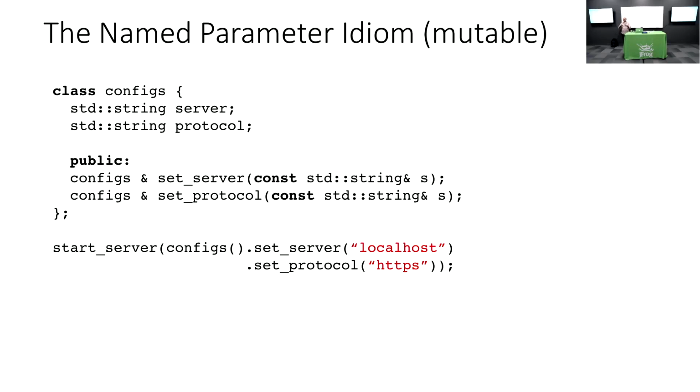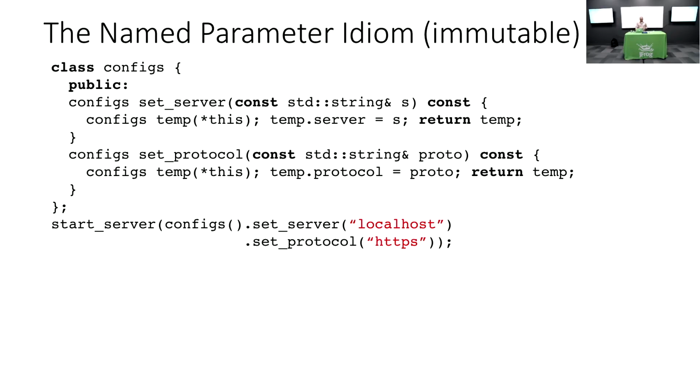So I think on the next slide, I have an example where the set server and set protocol functions are immutable, and therefore they do not change the original configs object, but they create a temporary version of this, and that temporary is modified with whatever value is passed in, and you return the temporary.